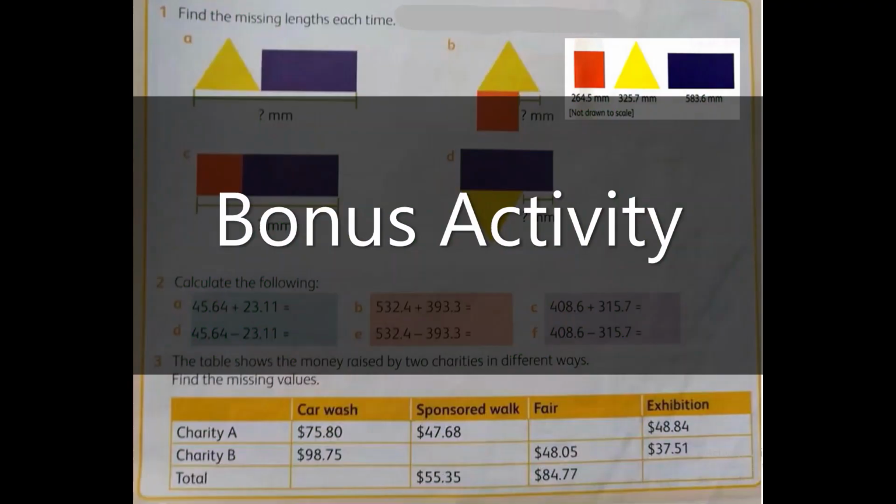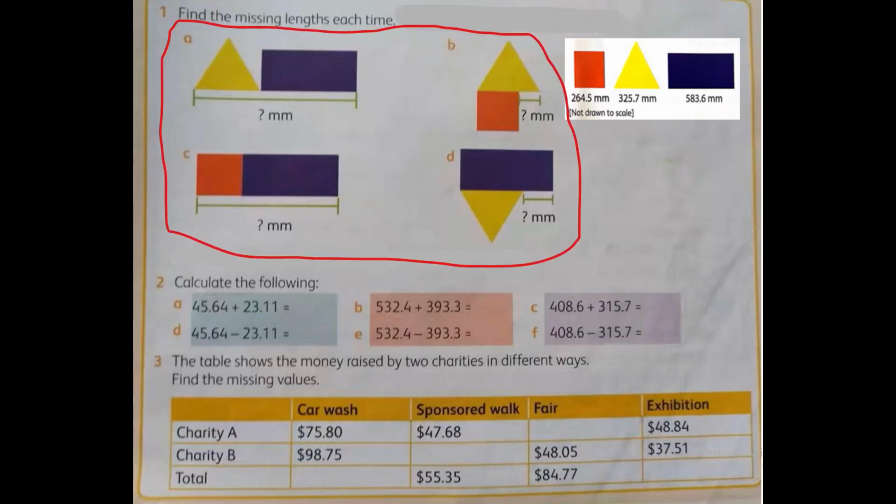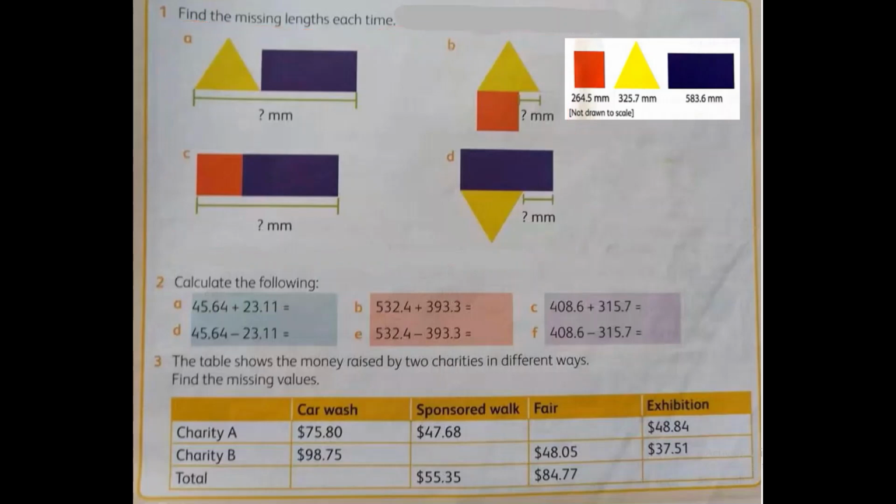So here's the bonus activity, and as you can see, for problems number 1, A through D, you're going to have to use the measurements I just showed you on the previous visual, which I put right here in the top right-hand corner.